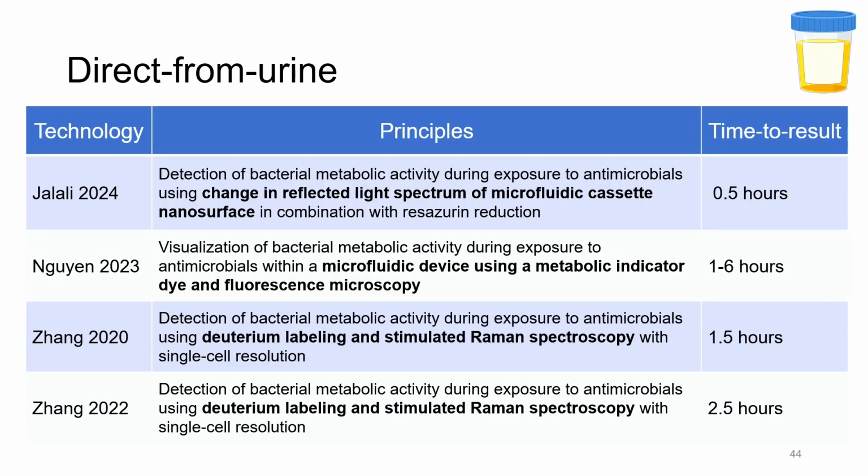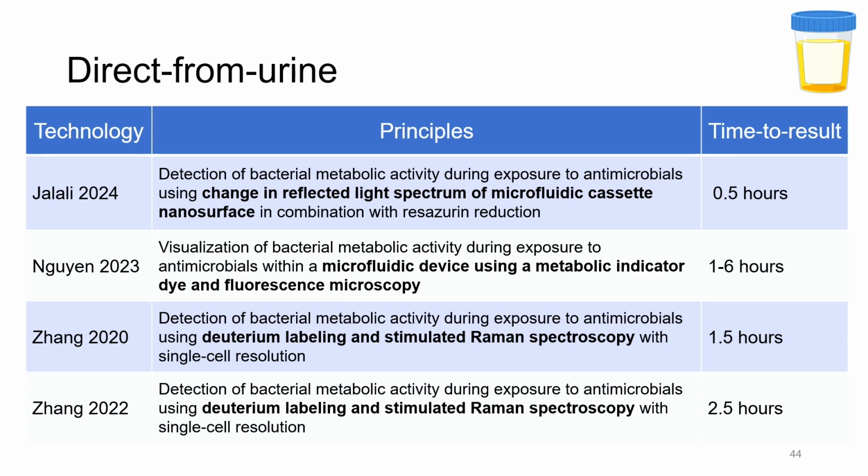Okay, so now I'm going to talk briefly about a bunch of non-commercial technologies. Again, these are all ones that are going direct from specimen, so direct from urine to start with. So here, again, we see a wide range of technologies used to get this rapid result. Often microfluidics are used, and then some sort of advanced either imaging or spectroscopy technique.